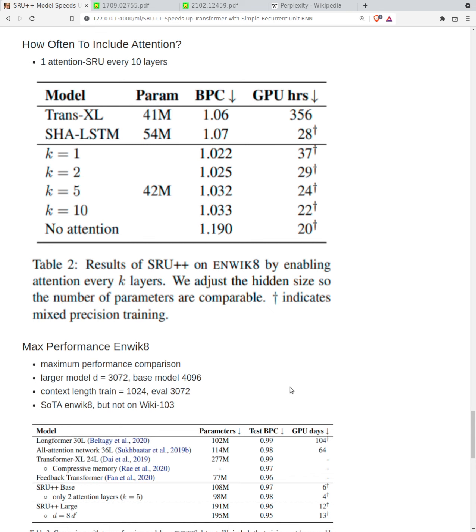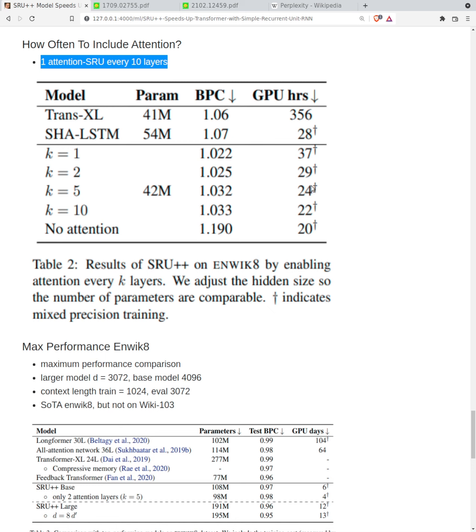Okay, so then they did analysis of how often they need to add the attention into the layers, right? Sometimes they can add it, sometimes they can skip it. That's what the architecture allows. And it seemed that every 10 layers, one attention SRU is enough. So that's where they are saving the time. We can see on the graph here that the GPU hours are going down the fewer attention layers we are including.